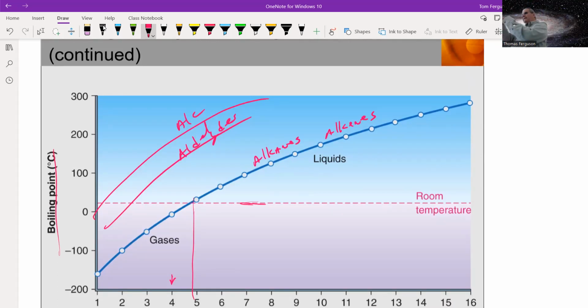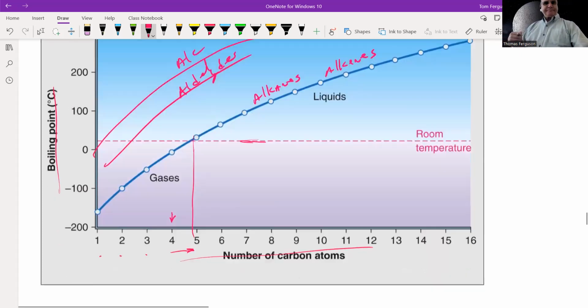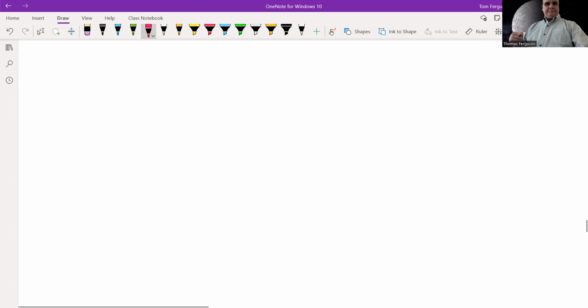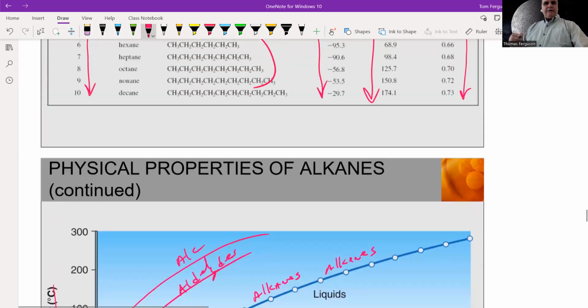You can see there's an intermolecular force difference between each class, and that's what will affect the boiling point, melting point, et cetera.